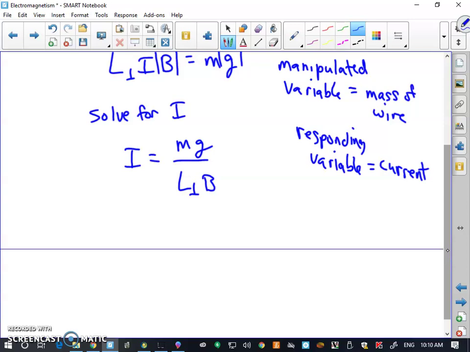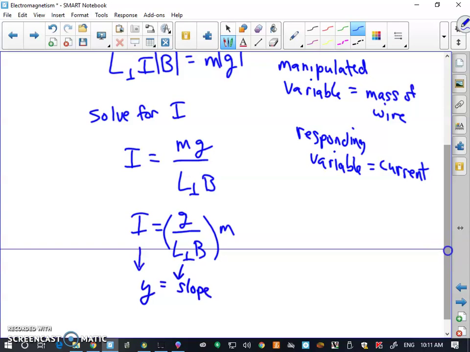The current's directly related to the mass involved. So we have the following. That gets I equals G over L perpendicular B, all multiplied by M. This is kind of like your Y variable. This is like your slope. And this is going to be your X variable. And there shouldn't be any y-intercept.